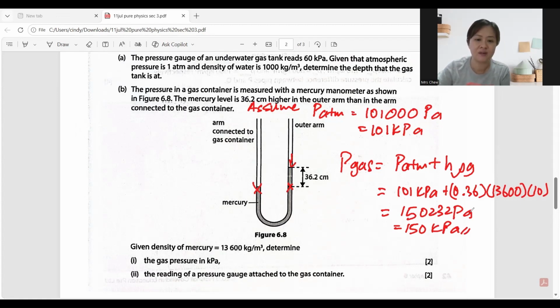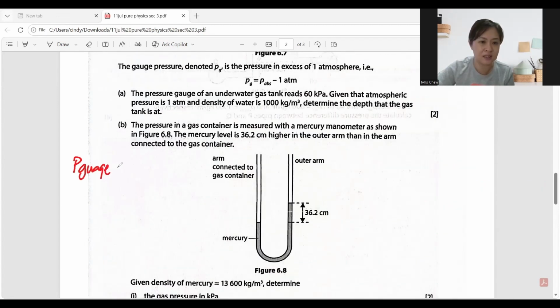The reading of a meter gauge: if, on part A, the pressure gauge is attached to this gas, the pressure of the gauge equals the absolute pressure, that is calculated, minus 1 atm.